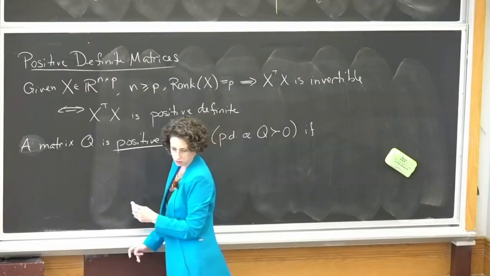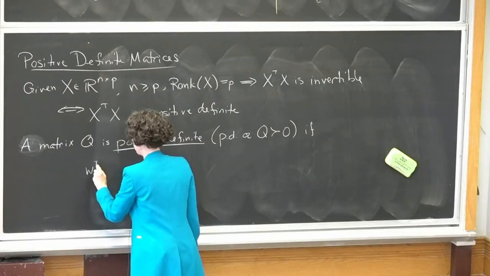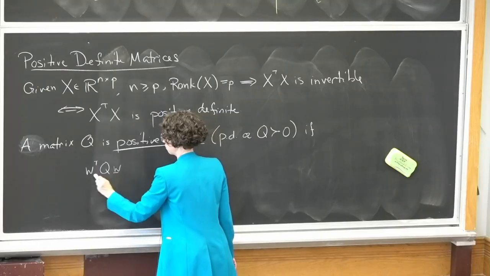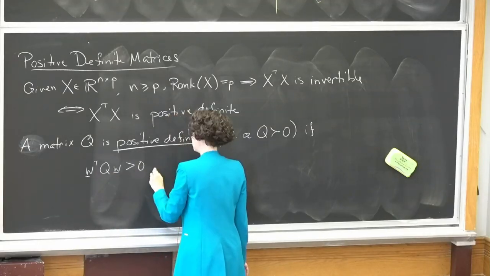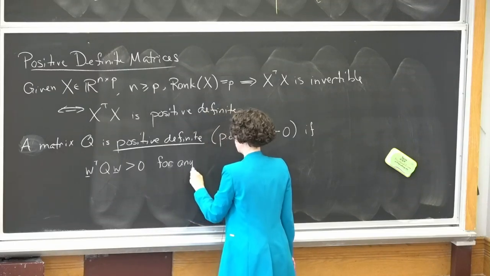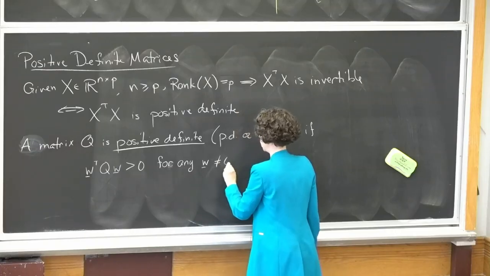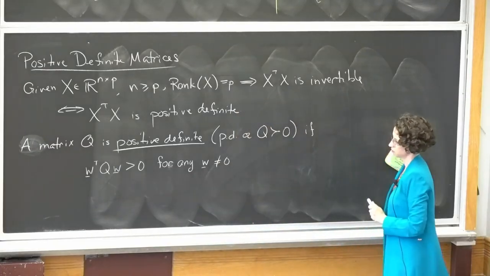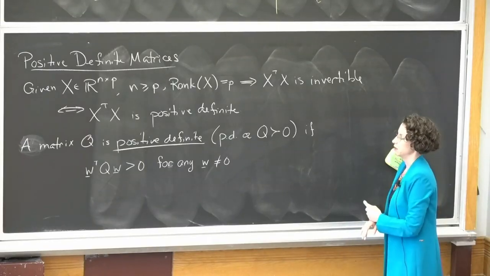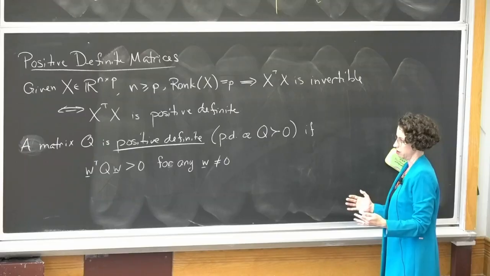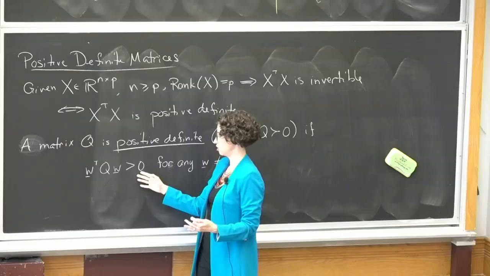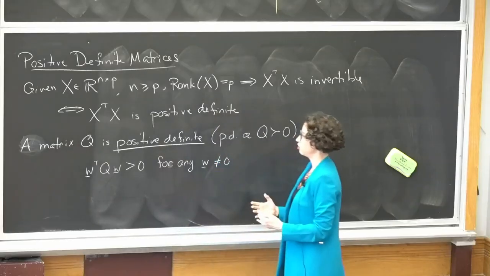If, whenever we take a vector W and compute W transpose QW, this is greater than 0 for any vector W that is not equal to 0. Okay, so clearly if W is equal to 0, then this product is 0. But aside from that, for any other weight vector, if we were to compute W transpose QW, that has to be greater than 0 in order for the matrix Q to be positive definite.